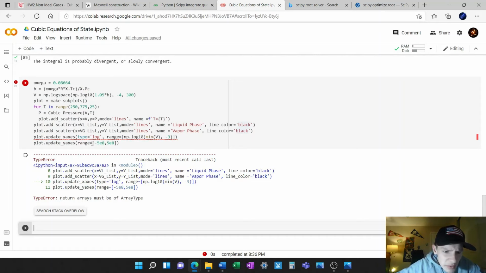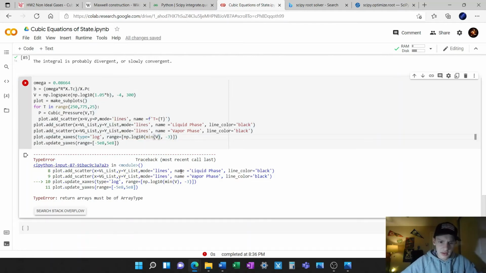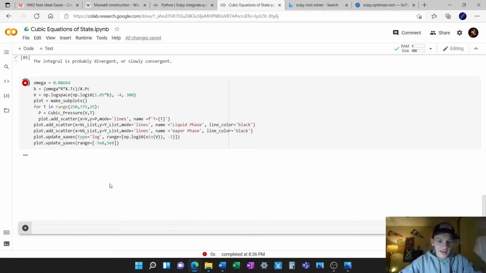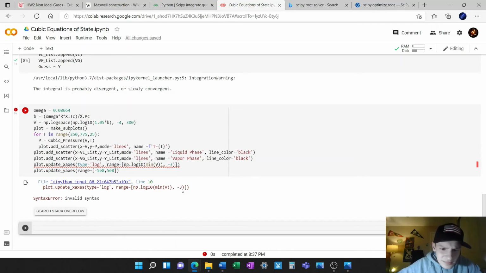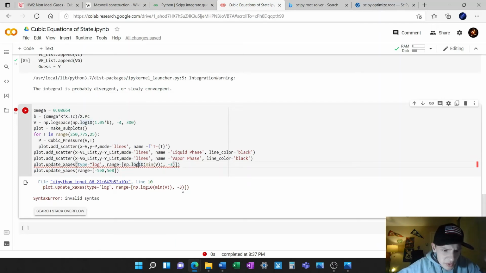Some sort of problem here with this. Oh, parentheses. Yep, gotta get that right. I struggle with that. Something is wrong again. Okay, because this is off, I'm not going to worry about it right this second.